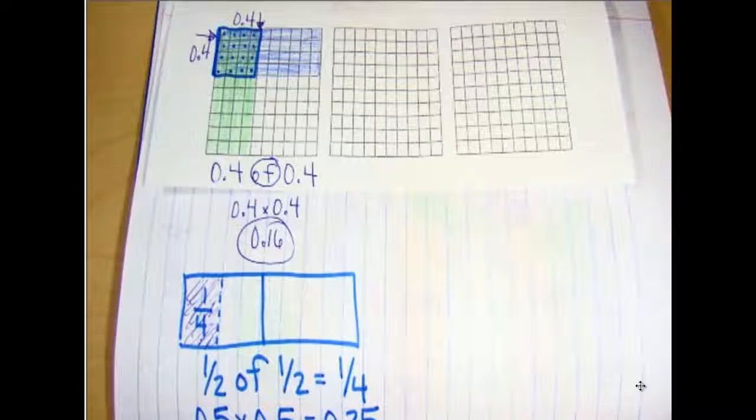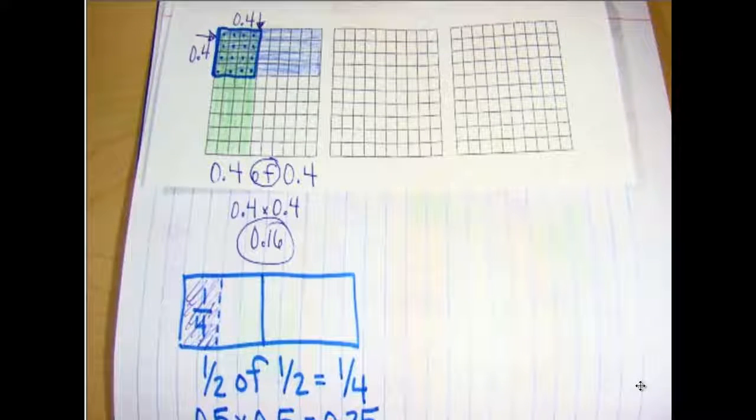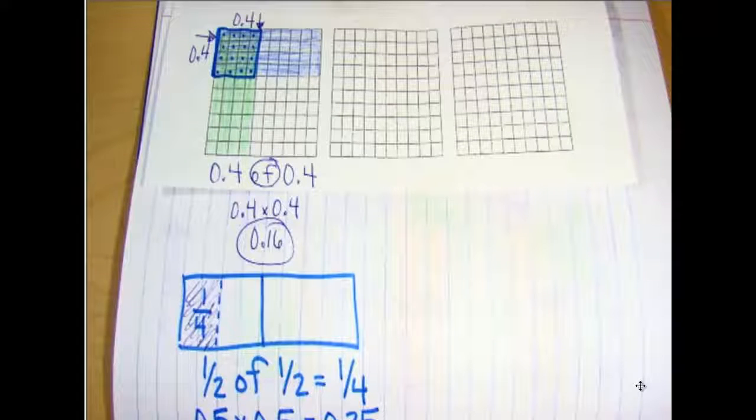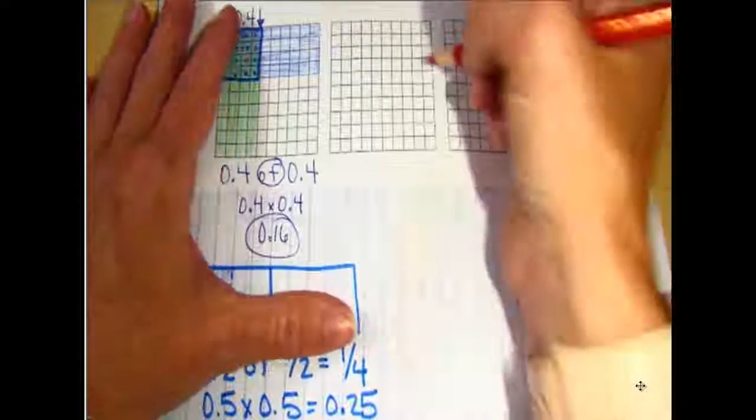Now, sometimes they will color it a different direction. They will not all look this exact same way. So you need to be prepared for a picture that could have it going the other way.